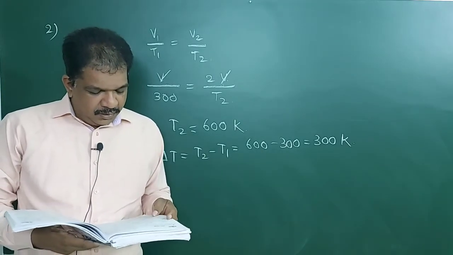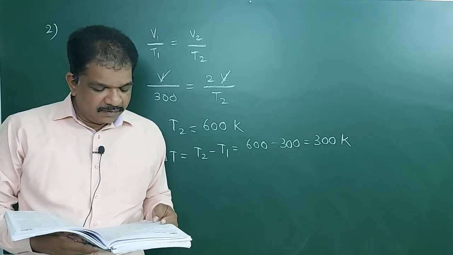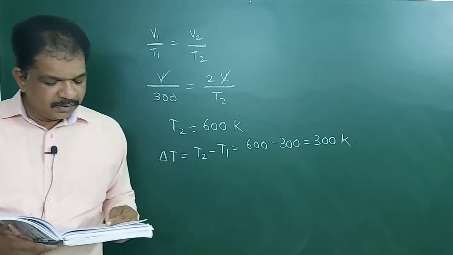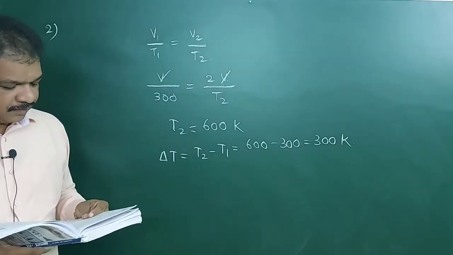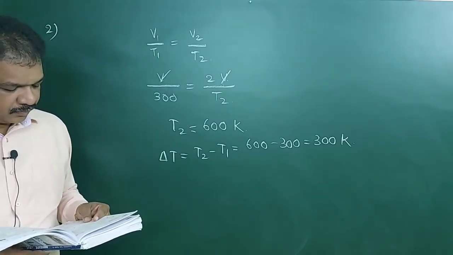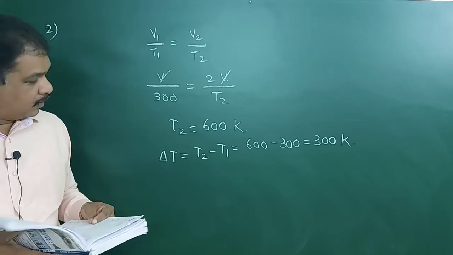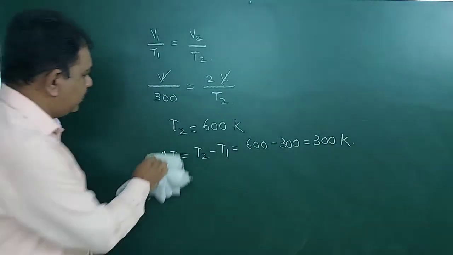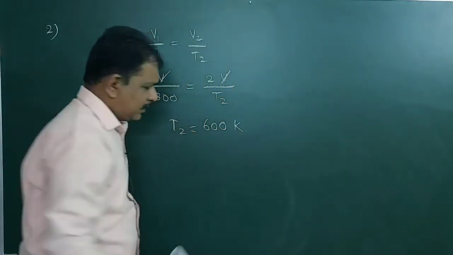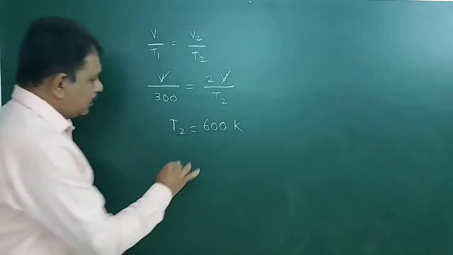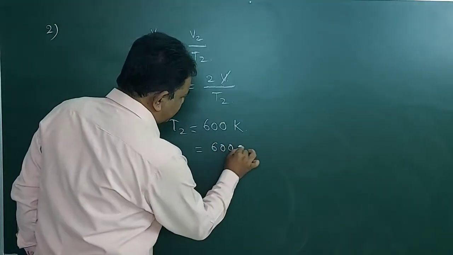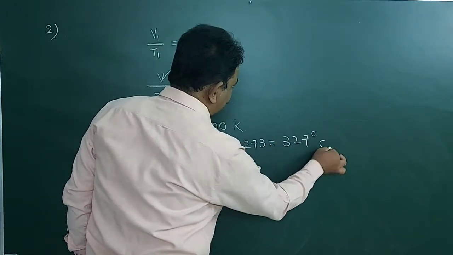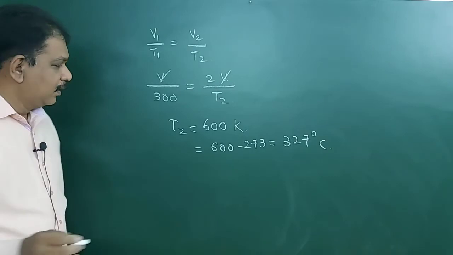So the increase in the temperature of the gas is 300 Kelvin. Yes, they are asking in terms of degree centigrade. You do one thing: this is 600 Kelvin, means 600 minus 273, 327 degrees centigrade.